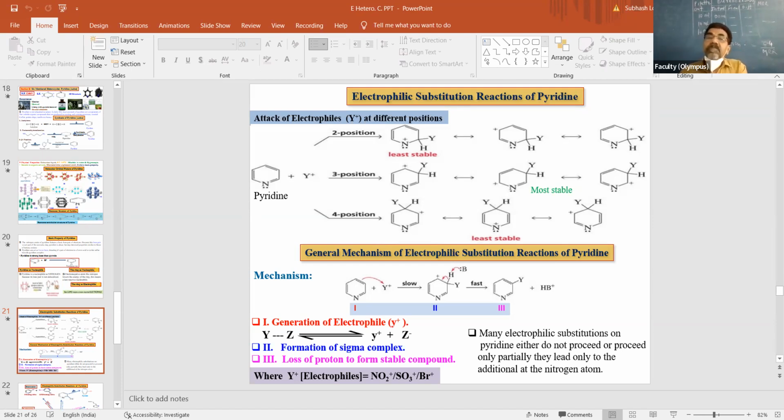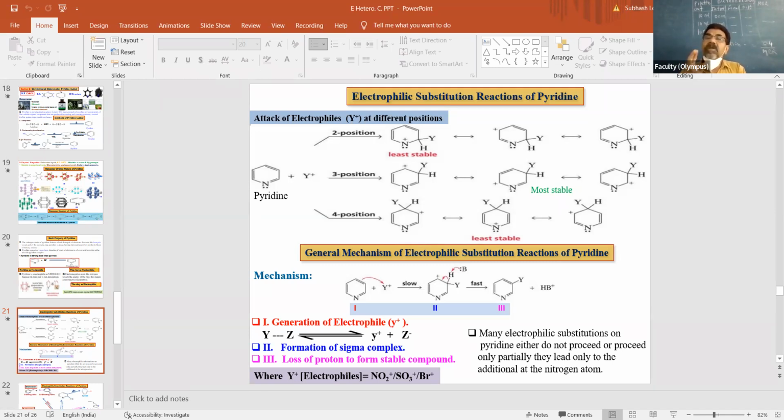If you see this picture, it shows the attack of electrophile Y at different positions. In the first reaction, at the 2 position, we obtain only 2 resonance structures. Resonance means delocalization of pi orbitals from one place to another, and the pi bonds move from one position to another.